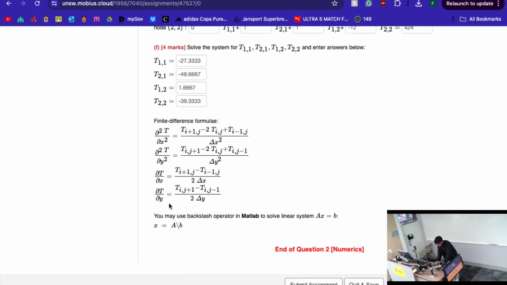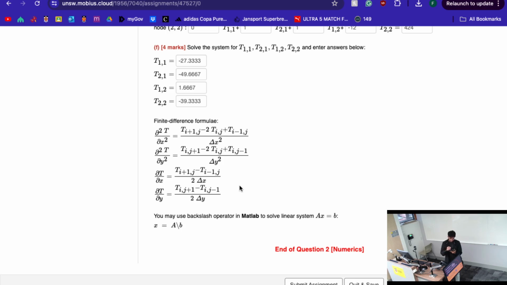Down here. Alright, these are the formulas they've given us. And all we have to do to find the general form is substitute these equations into this equation up here.